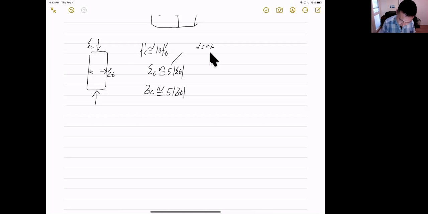So let's compare these two equations. The strength is 10 times stronger than the tensile strength, but the stress under compression is only 5 times the stress under tension. So you tell me how concrete will crack first.